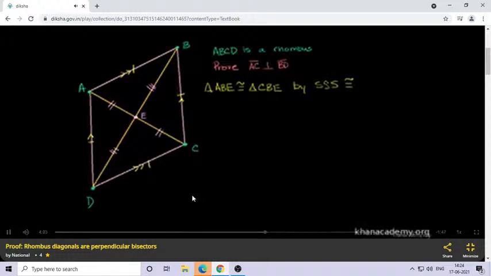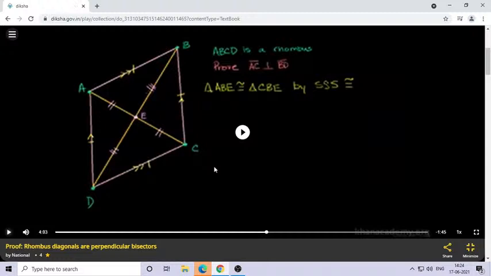We have a side, and a side. Now you can see here, they are proving that triangle AEB is congruent to triangle CBE. So these two triangles, they are proving as congruent.